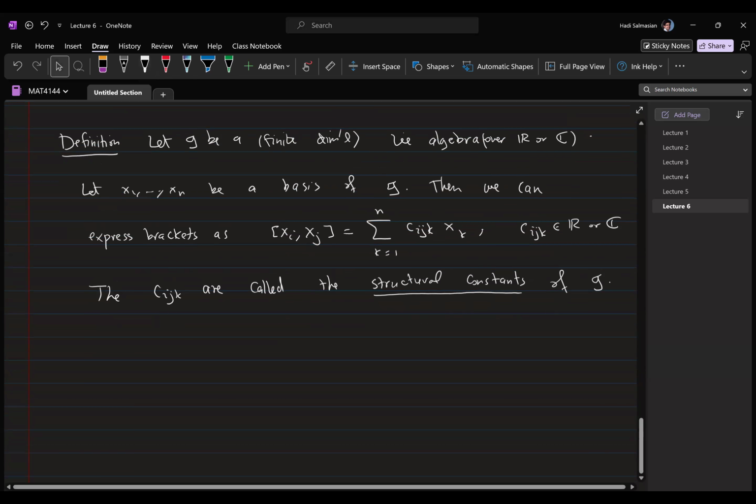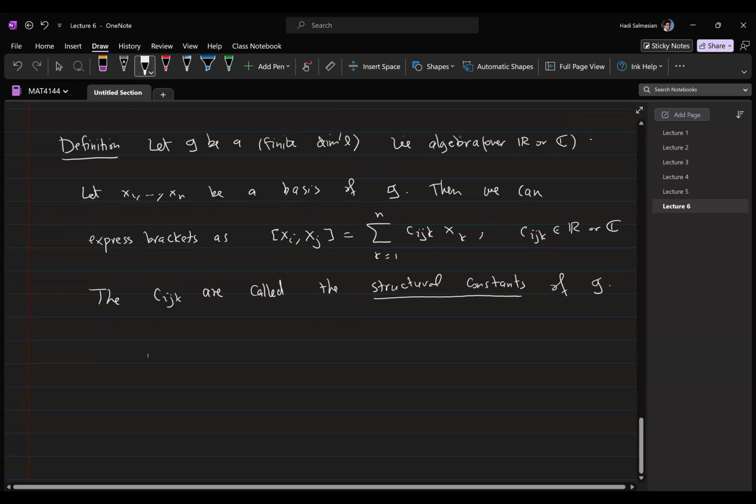And they satisfy some natural relations. The skew symmetry of the Lie bracket imposes the following condition: c_ijk plus c_jik equals 0 for all i, j, k.